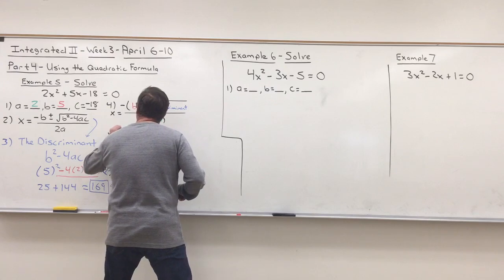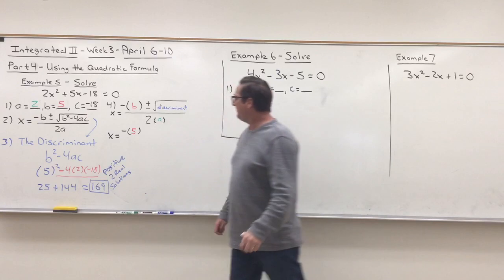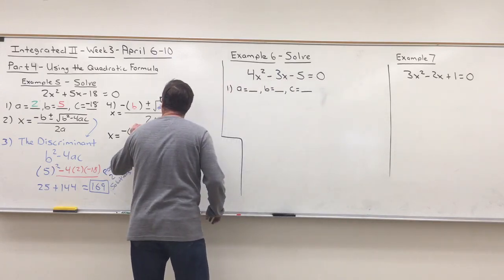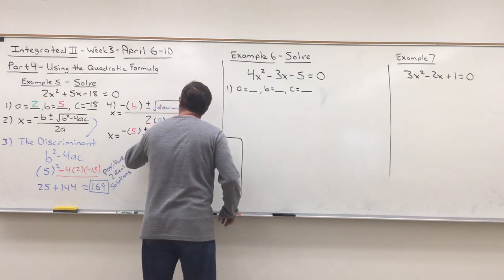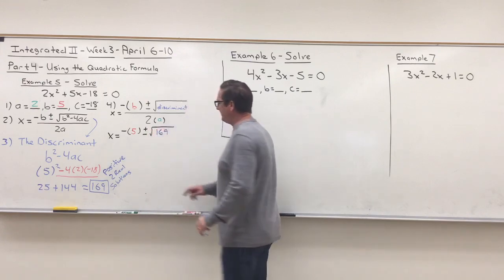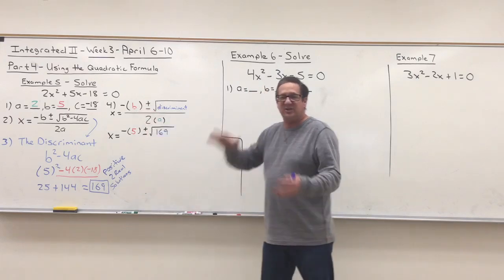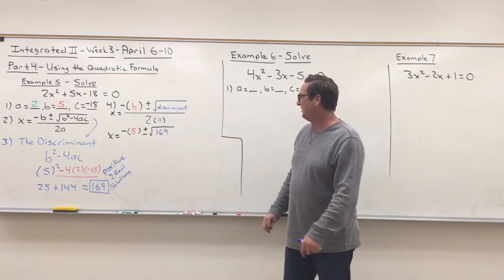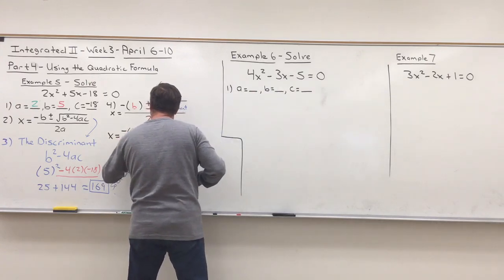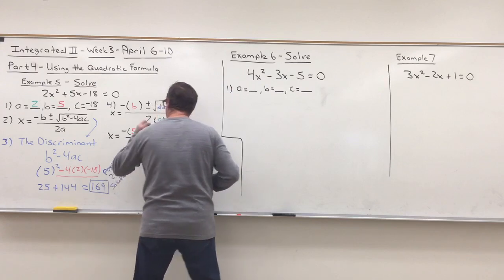X equals negative 5, we're going to put that in parentheses, plus or minus the square root of 169. So this simply goes here. That is so much easier than jamming everything into the small formula right there. All over 2 times 2.